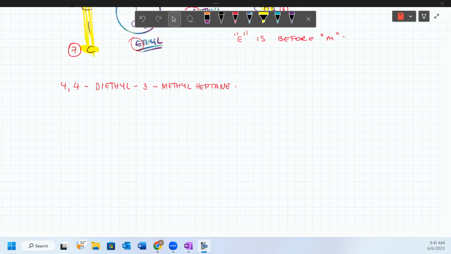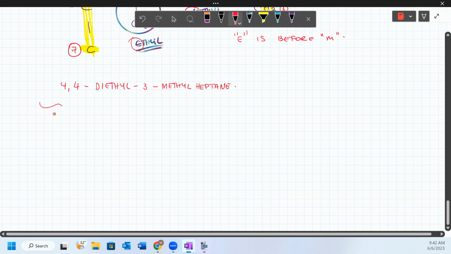Let's see now, how are we deciding to name when we have a double bond or a triple bond? So, when we have an alkene or alkyne, keep in mind they are unsaturated, because with double or triple bonds you can still break that bond without changing the structure of the chain.